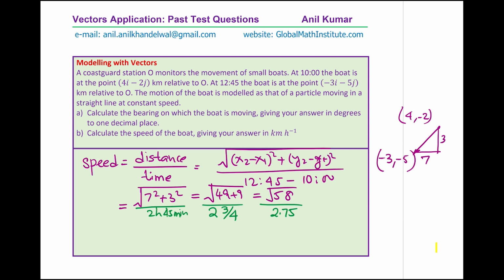Either way you could do it. And let's calculate. So we have the square root of 58 divided by 2.75, and that gives you the answer as 2.769, which when rounded to one decimal place gives you 2.8, right?